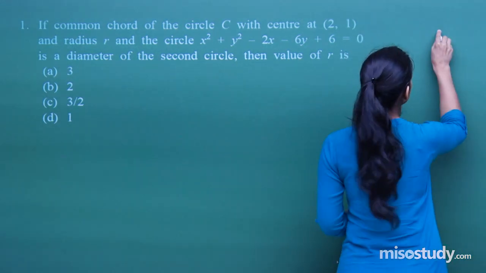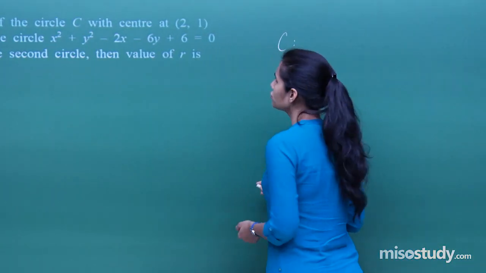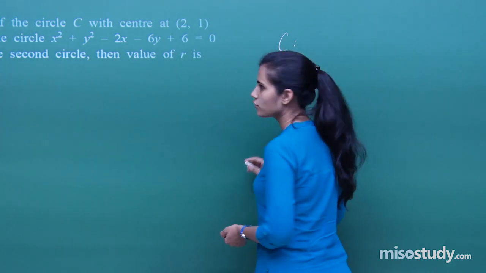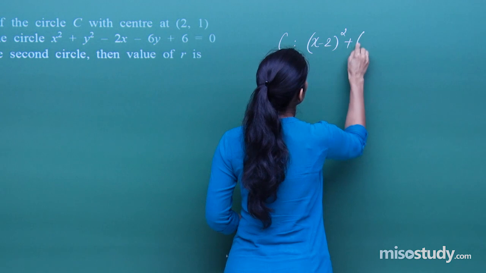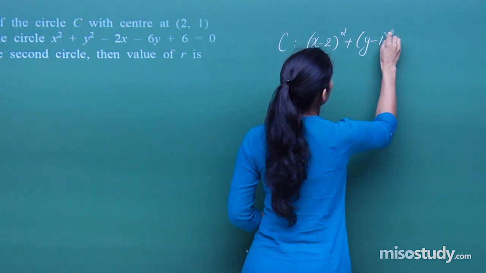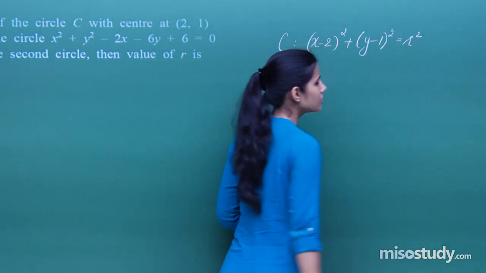Talking about circle C, center is given to you as (2, 1) and radius is r, so the equation will be (x − 2)² + (y − 1)² = r².